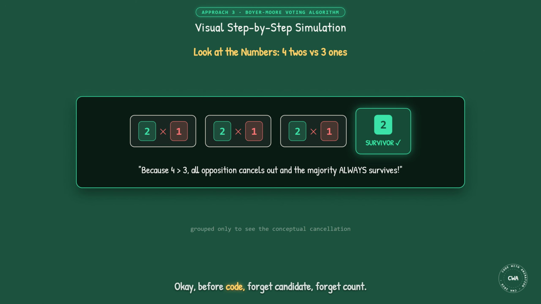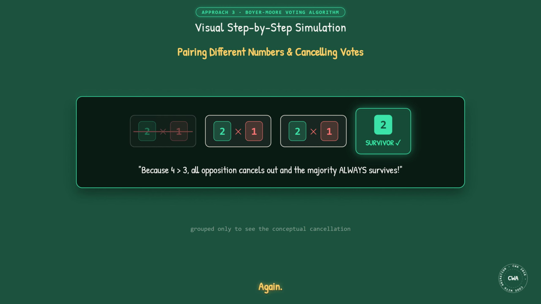Okay, before code, forget candidate, forget count. Just look at the numbers. 2, 2, 1, 1, 1, 2, 2. We know 2 is the majority. Why? Four 2s, three 1s. Now imagine, whenever we find two different numbers, we remove both. One 2 and one 1. Cancel them. Again, one 2 and one 1.